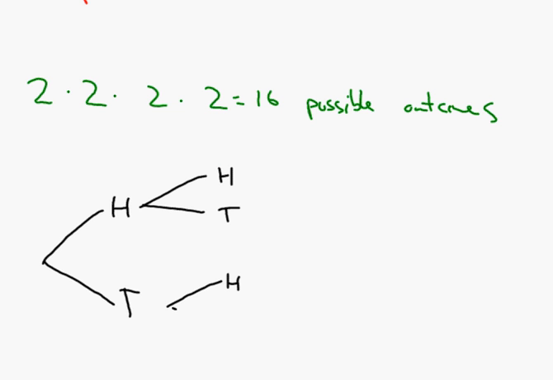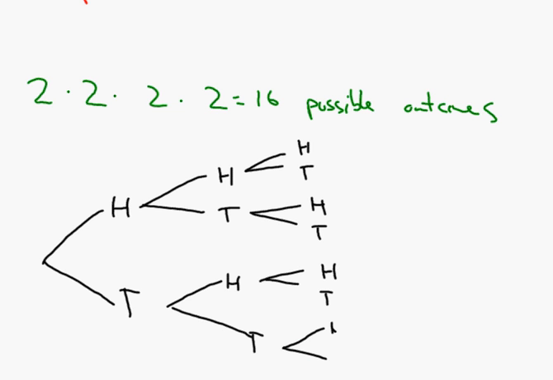Heads or tails. Then the third coin could also be heads or tails, but that's coming off each of these branches. And then we're almost done. You can see now at this point we have 8 possibilities because the last column has 8 items in it. And then lastly, each one of these could have heads or tails come afterwards.